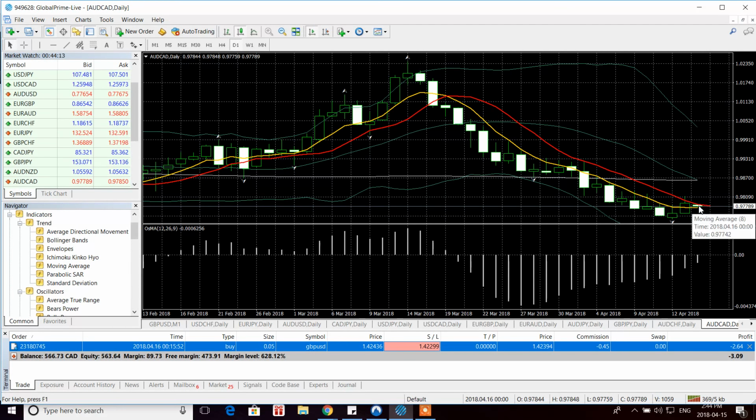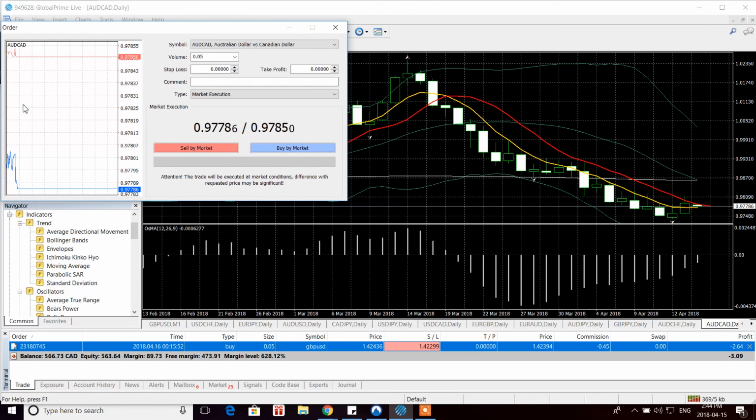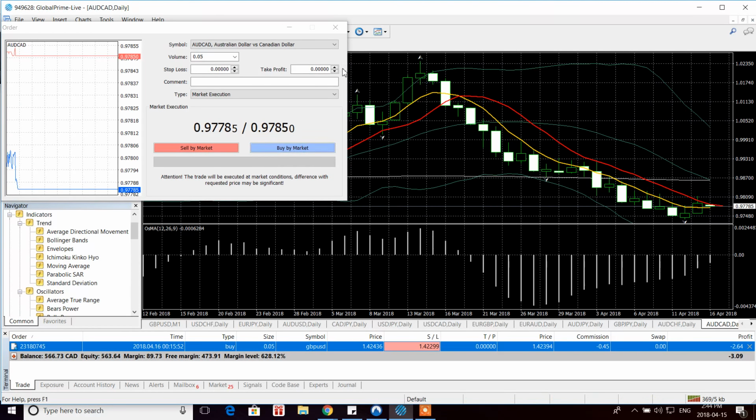Why? Because it's touching this line. So I want to day trade this one upwards. And that's the Australian CAD, Aussie CAD. Okay, so I expect it to be going up, so I'm going to day trade this one up.